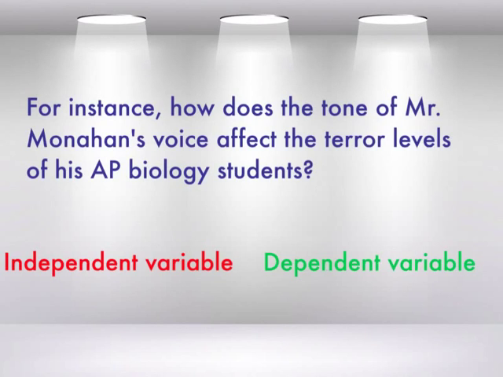I want you to pick one color to be the independent variable and the other to be the dependent variable. I want you to underline the part of this sentence or question that you think is the independent variable, and I want you to do the same with the dependent variable. Put the video on pause and unpause it when you're ready to see the answer, but you have to try it first. Don't cheat.